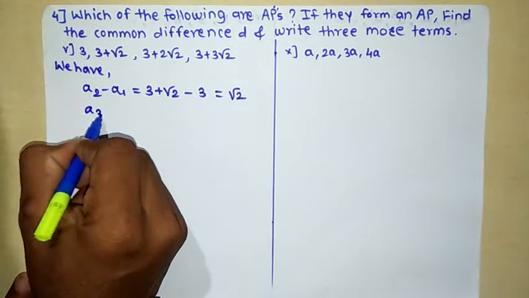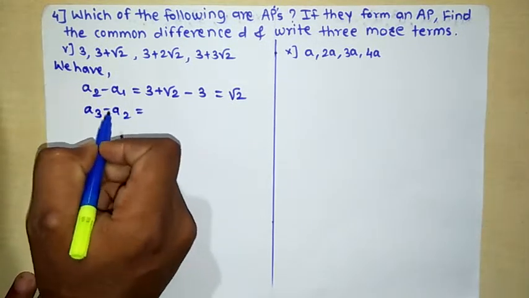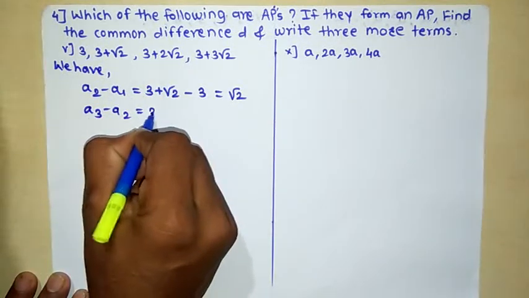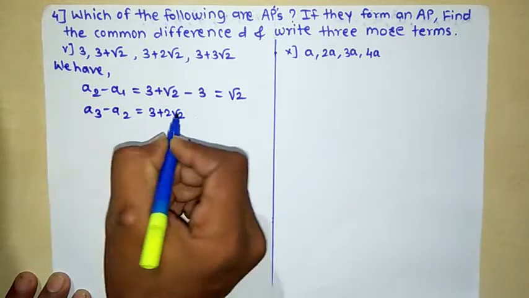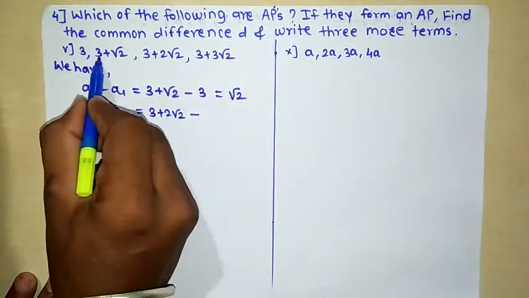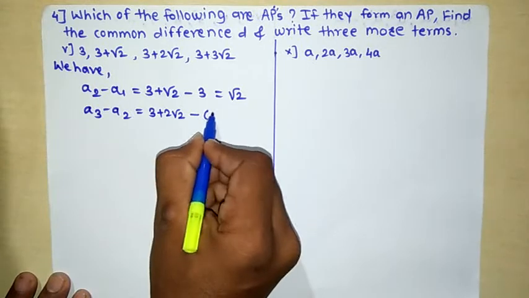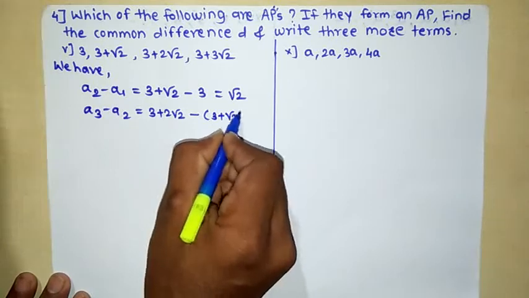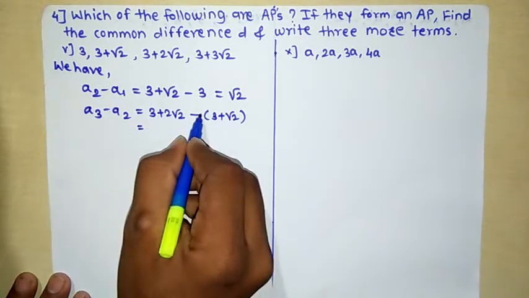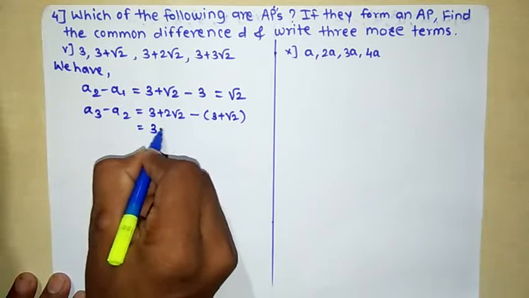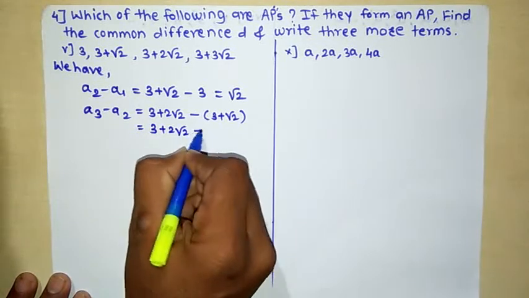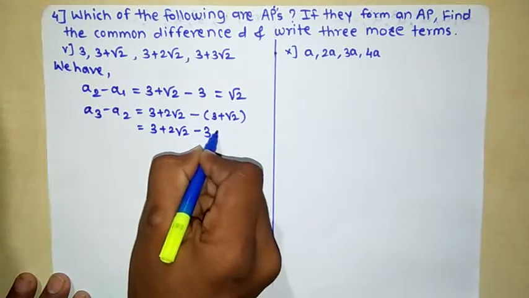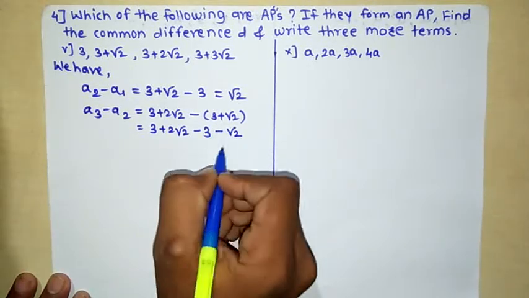Now we will find a3 minus a2. Here a3 is equal to 3 plus 2 root 2 minus, what is the value of a2? a2 is 3 plus root 2. We will write it in brackets because the minus sign is there. Now first we will open the bracket: 3 plus 2 root 2 minus 3, and this plus will become minus root 2.